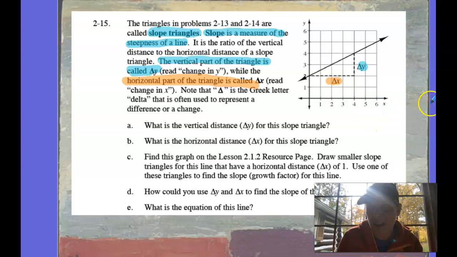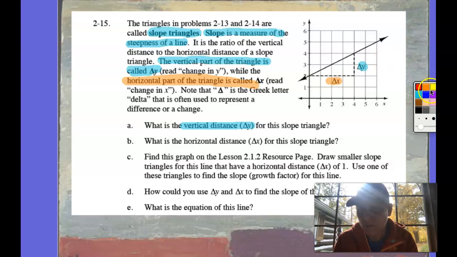Here it asks about y. It asks about our vertical change in y, and I'll ask you questions like this in class. This is our vertical change, and if I read here on the graph, I can see I'm going from 2 to 4, so I have a change, and I'll label it on my triangle, of 2.